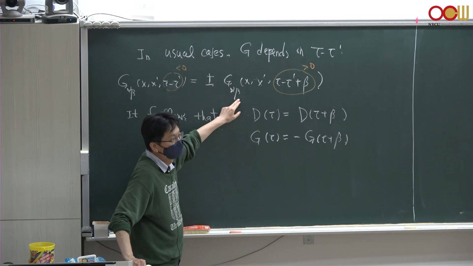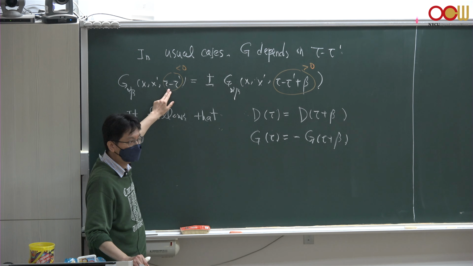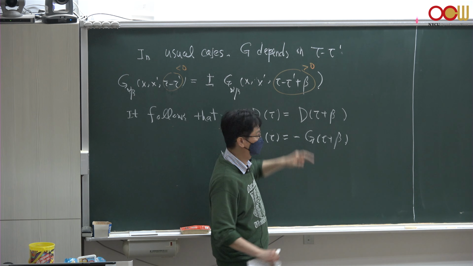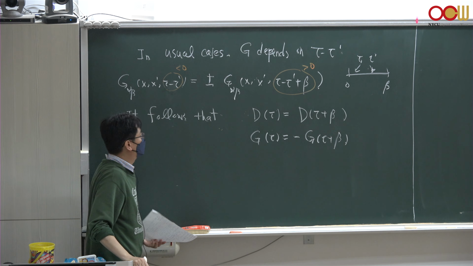So these two Green's functions are defined in two different time domains. One is negative time, another is positive time, and they differ by beta. Remember, both tau and tau prime are within the range between 0 and beta.